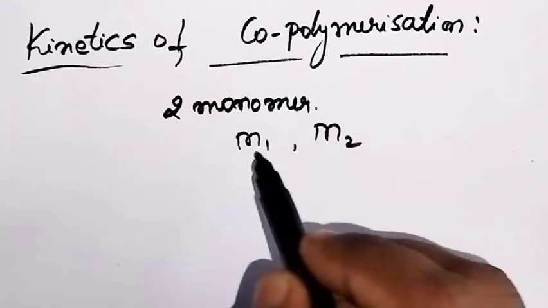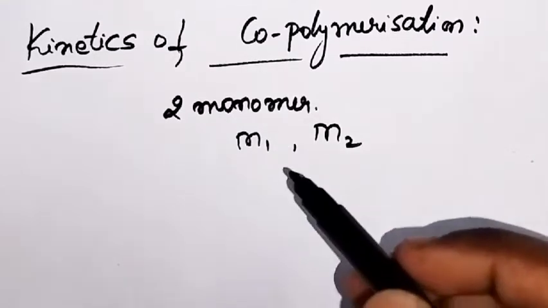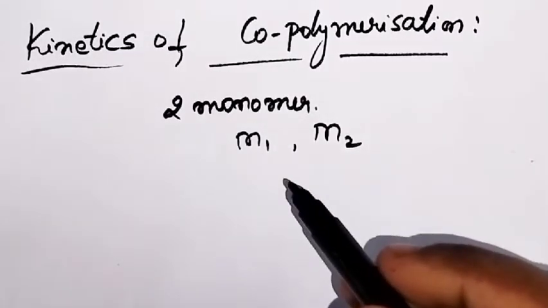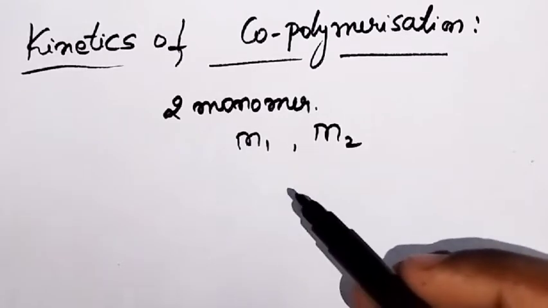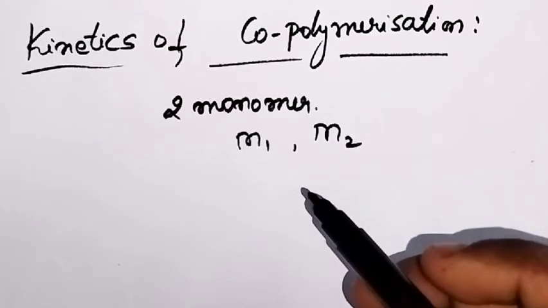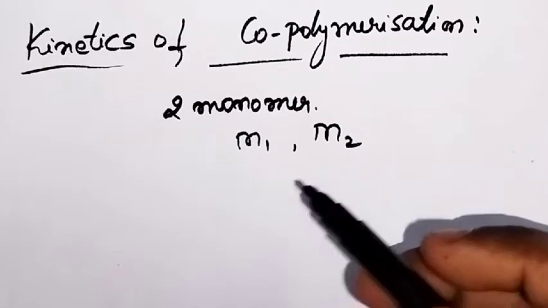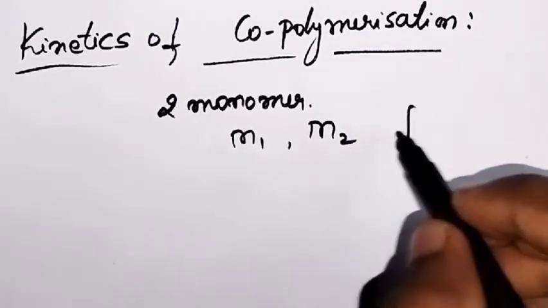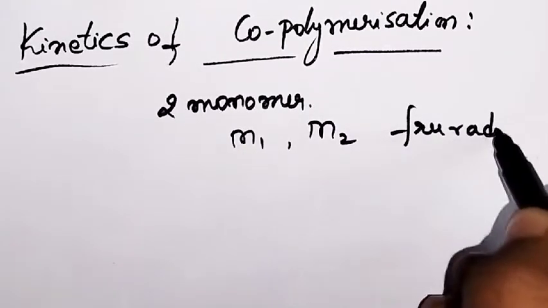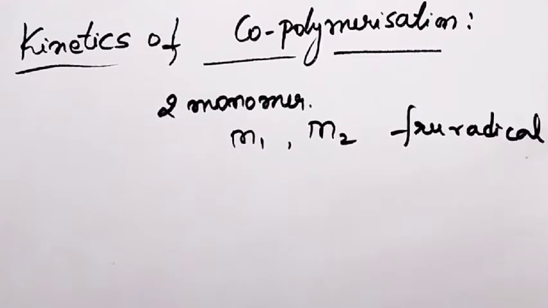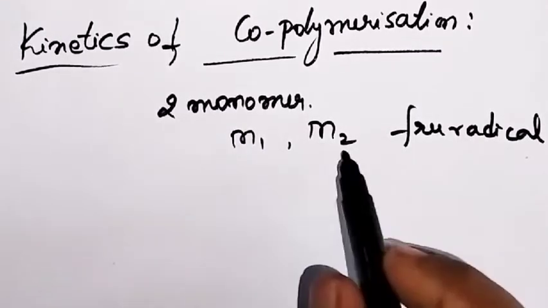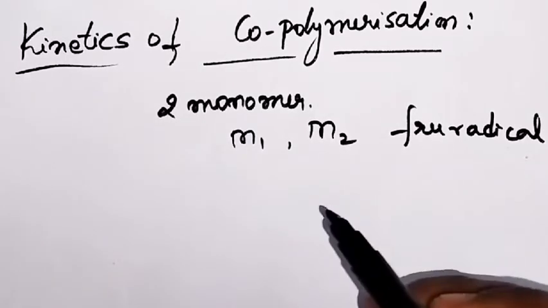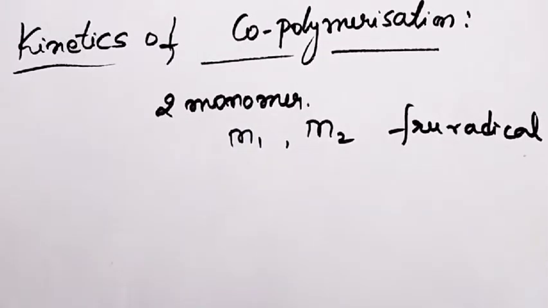These two monomers undergo polymerization by free radical polymerization technique. We already studied free radical polymerization technique. Now here we are considering two monomers undergoing polymerization by free radical polymerization technique.